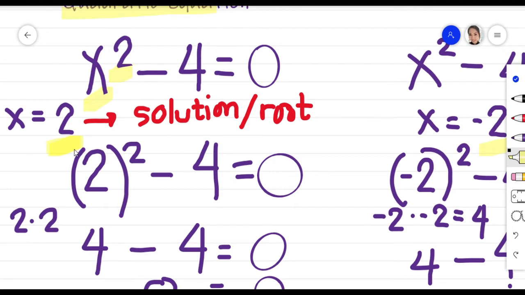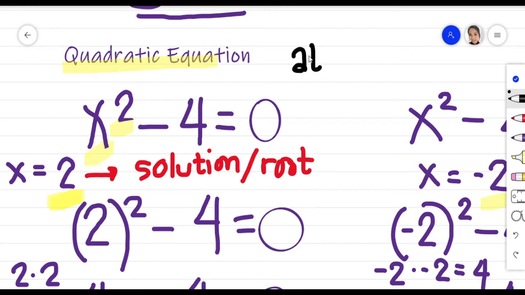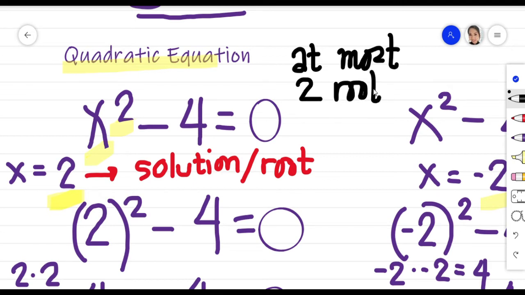Now, obviously, this tells us that a quadratic equation will have at most two roots. Right?